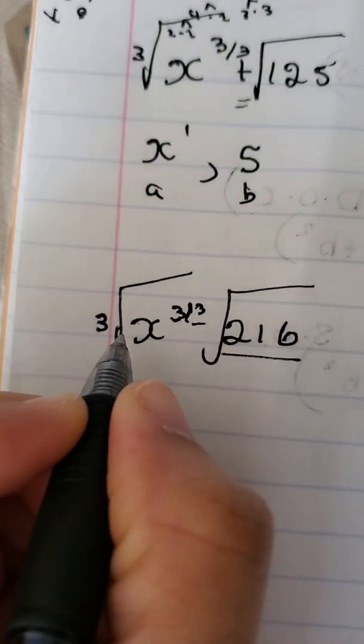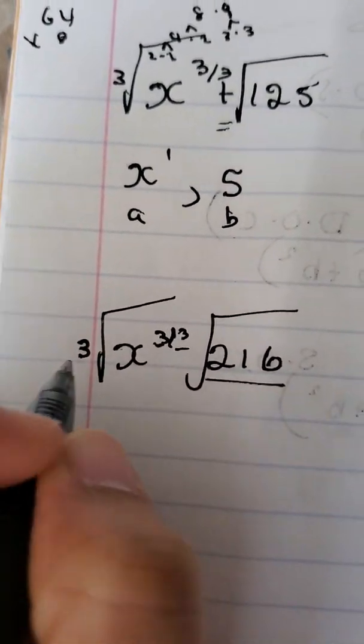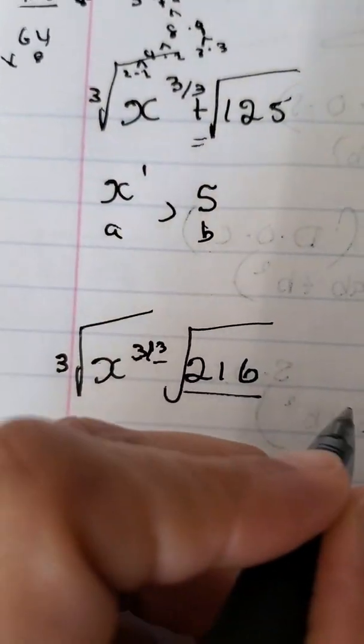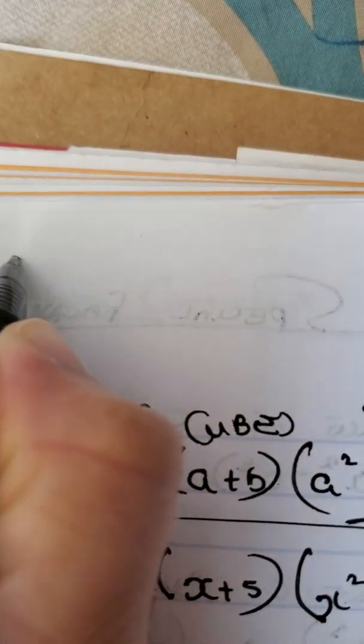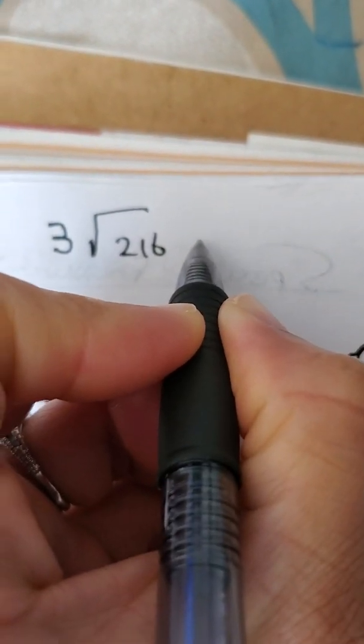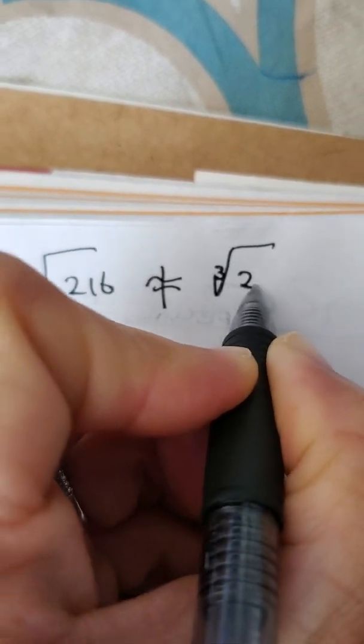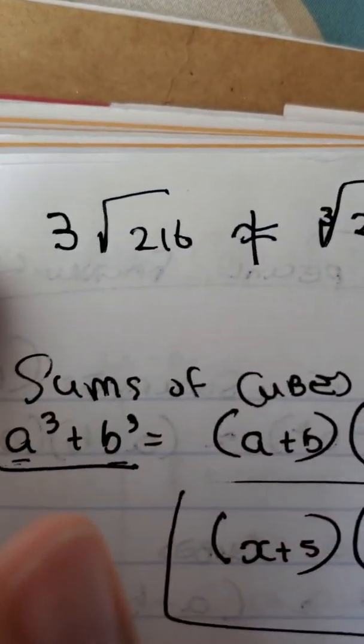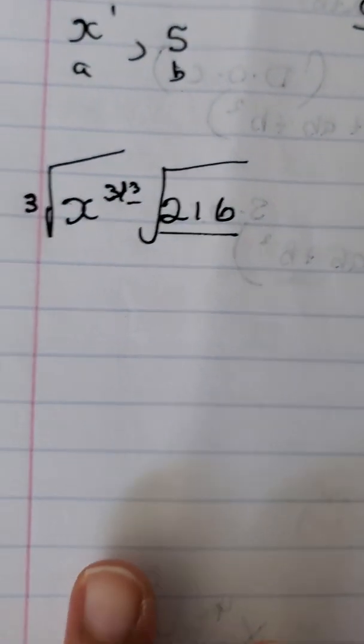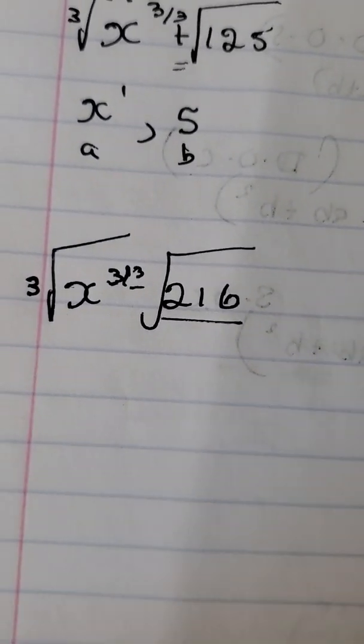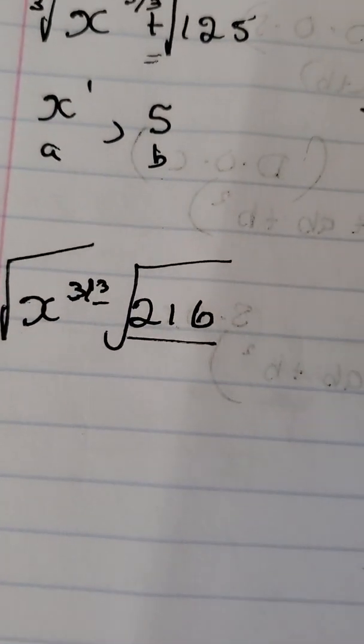Make sure it's written really small so as not to be mistaken as a factor, as 3 times the square root of something. For example, this is 3 times the square root of 216, right? And this is versus this, which is the cube root of 216. You see how they're written differently? Okay. All right. So I am pretty much familiar with 216.